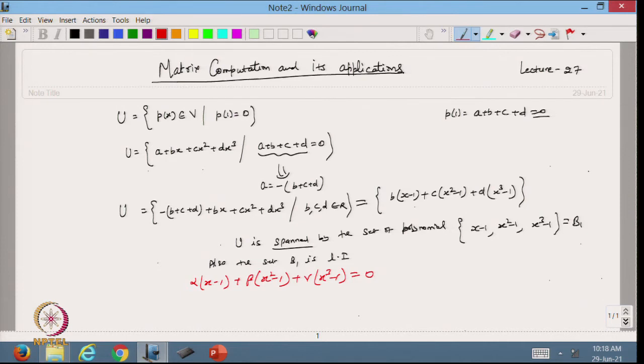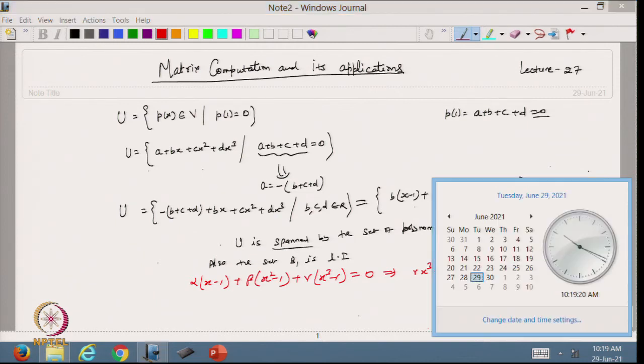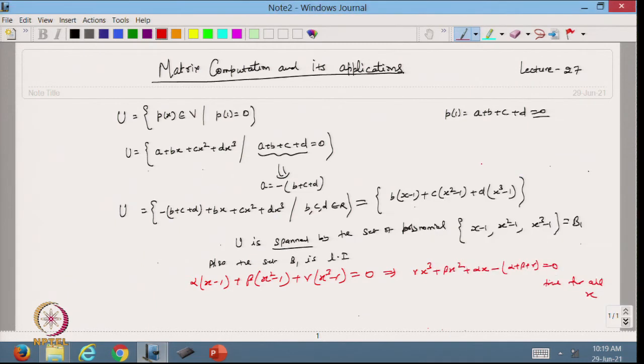This is the linear combination I have taken, and from here I can write the corresponding equation: gamma x cube plus beta x square plus alpha x minus alpha plus beta plus gamma equal to 0. This is true for all x, so we compare the coefficients of the same terms on both sides, and the right hand side is the 0 polynomial.